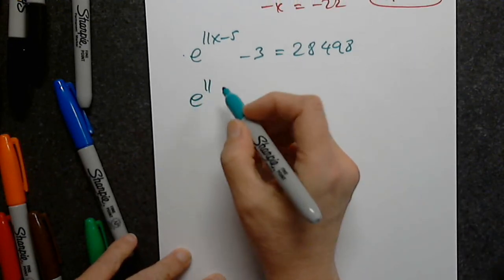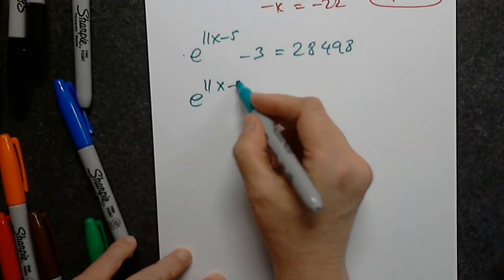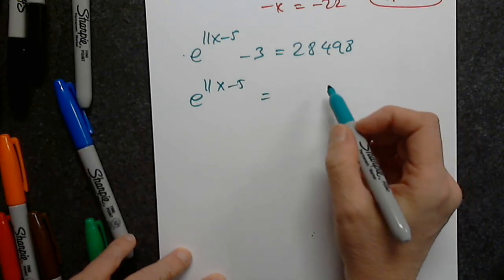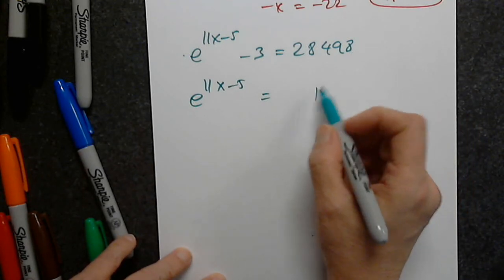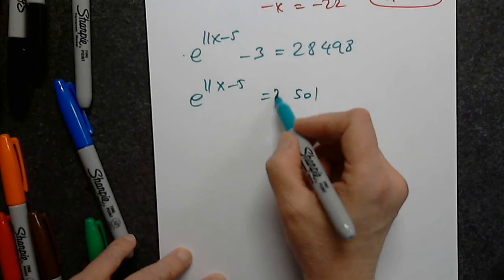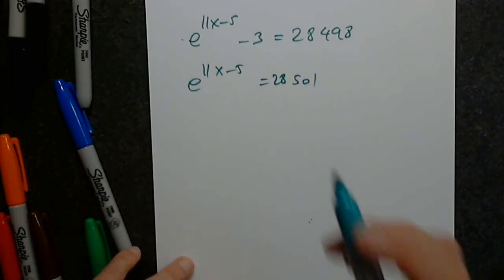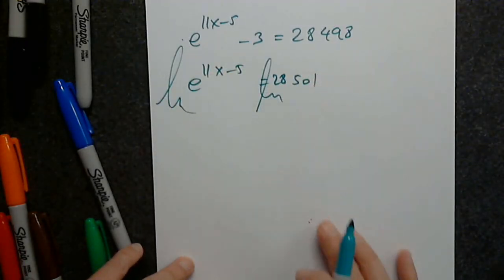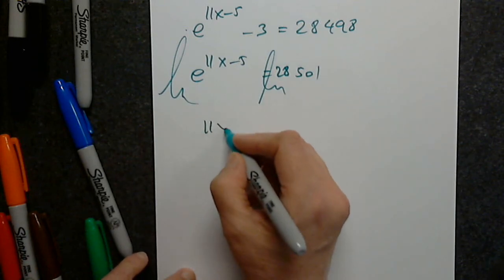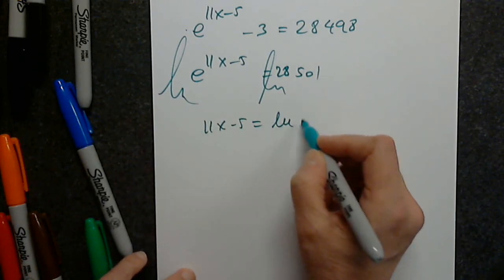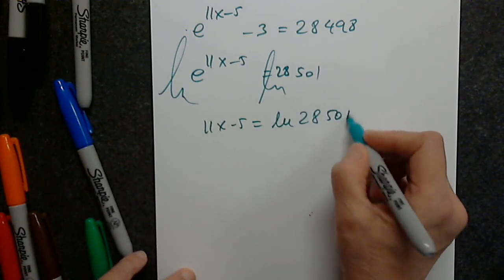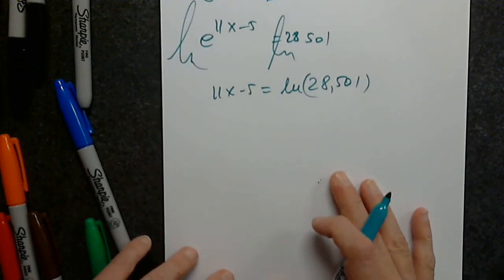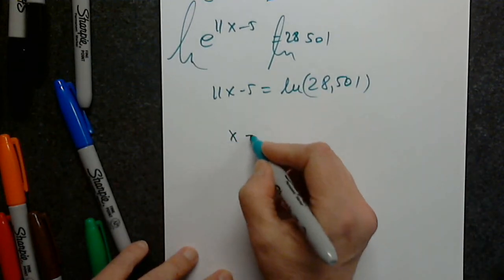So then e raised to 11x minus 5 equals, what is this? 28,501. Good. Now I can apply natural log. And then I get 11x minus 5 equals natural log of 28,501. I add 5 and divide by 11.